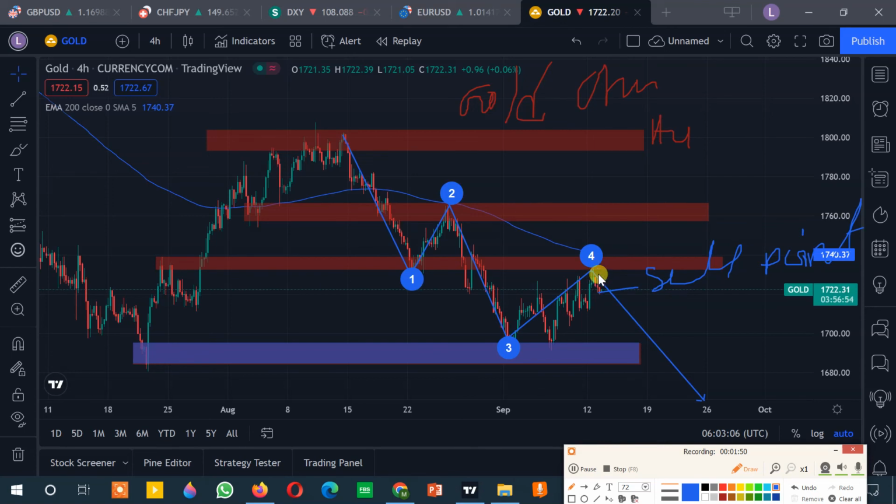Elliott wave, the big point from this trending market, Elliott 0.4. So we can make a sell position here with a tight stop loss, or we can wait to go again here, and from this again here.